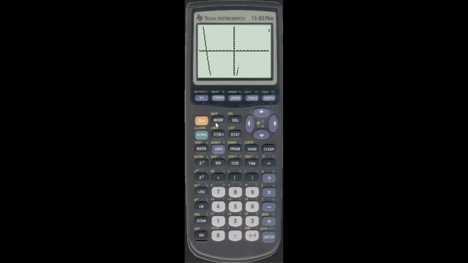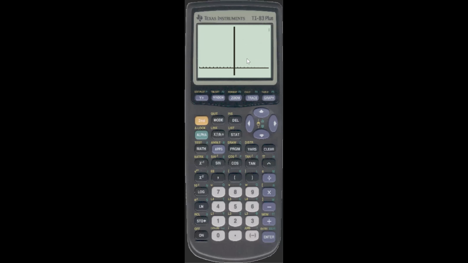If you were to just graph it, this is what it would give you. What I was trying to emphasize is you can go right away to zoom fit, which is right after 9 at 0. What zoom fit does is it tries to fit the graph in a window for you. It's not perfect, but it does work pretty well a lot of the time.